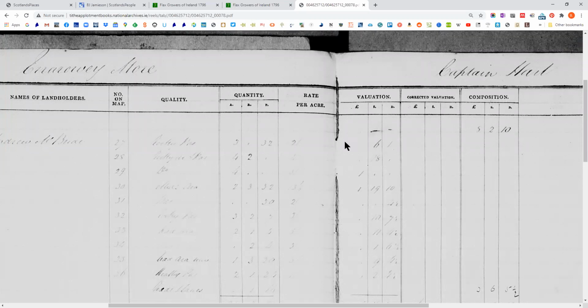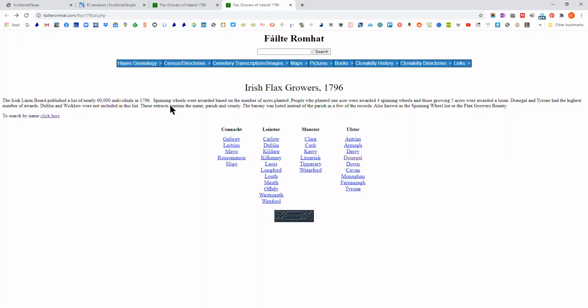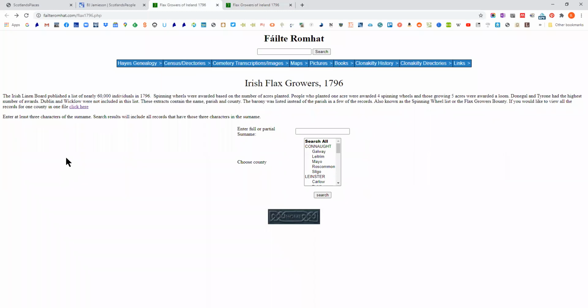But if you have an unusual name, like I used Glass in the Griffith Valuation, you may be able to narrow down where, certainly to a county and even more within the county where they were.